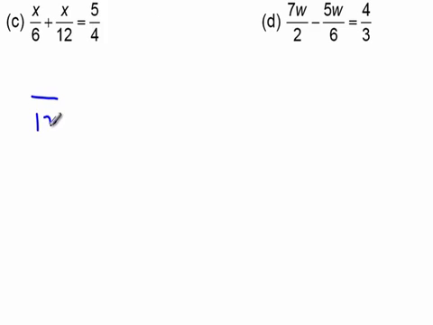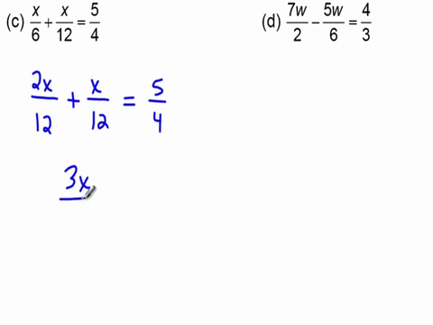So x over 6 in terms of 12ths would be 2x over 12 plus x over 12 equals 5/4. 2x over 12 plus x over 12 would be 3x over 12. And that's equal to 5/4.